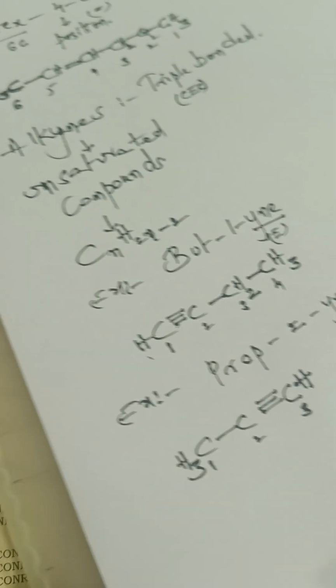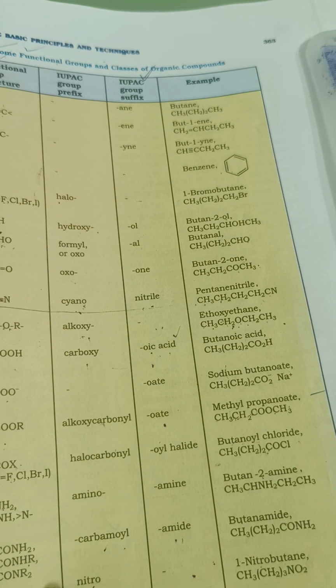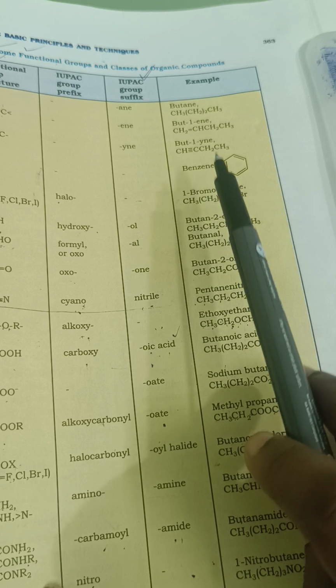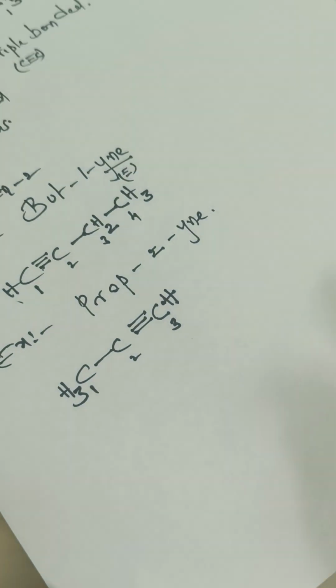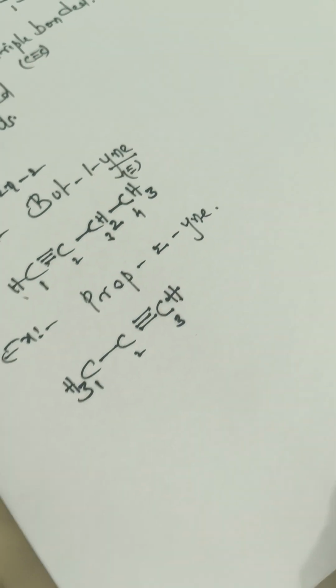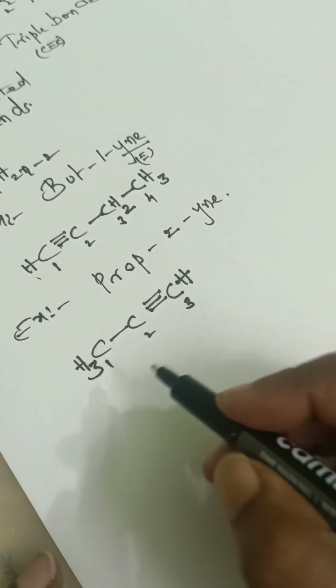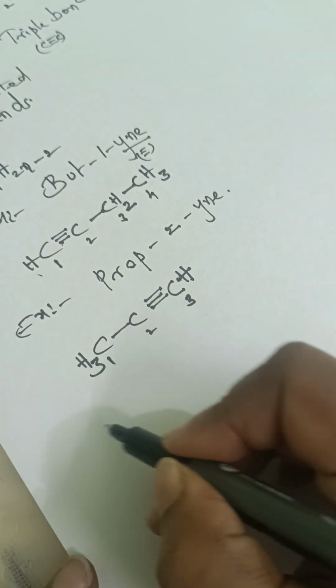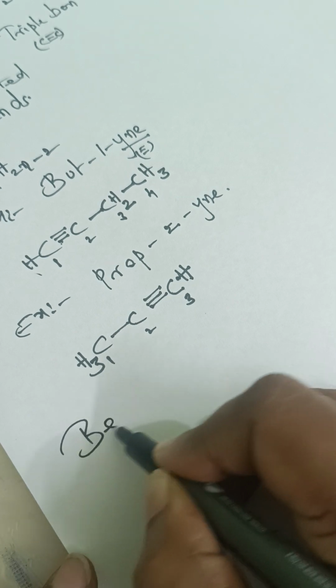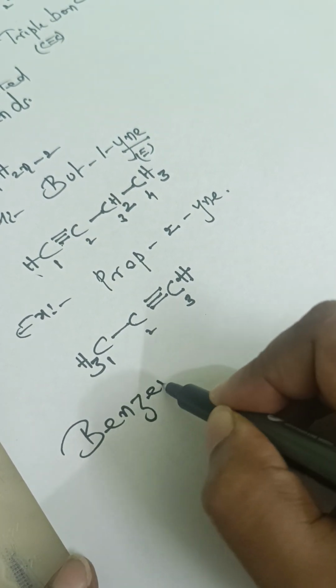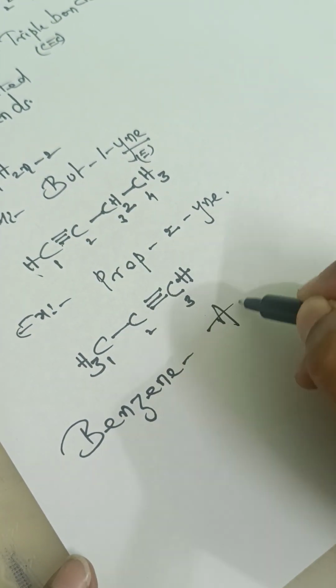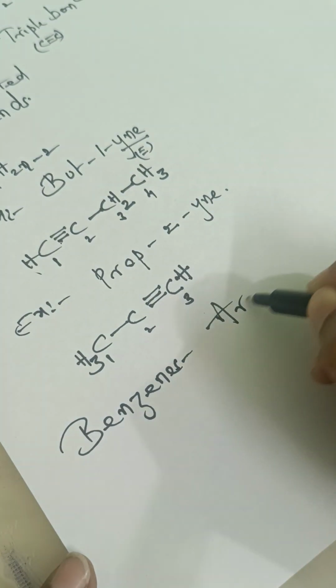Okay, the next example is benzene. In the previous classes, as I have already told you, benzenes are nothing but arenes.